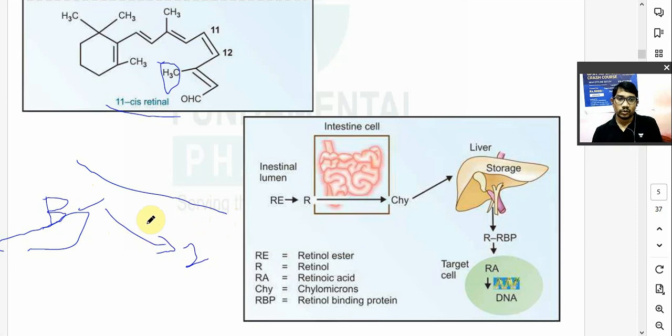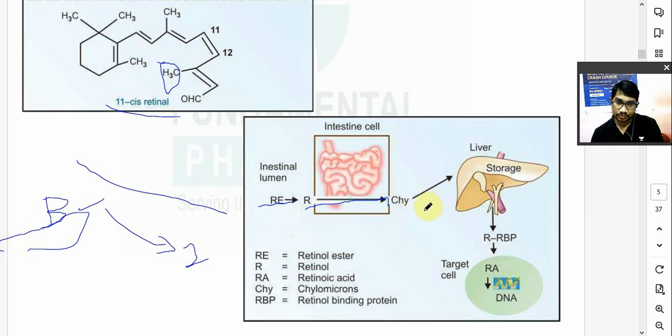Then it is transported through chylomicrons, that is through lipoprotein, to the liver for storage. So in the liver it is stored, and the liver will release the retinol as per the demands of your body. So retinol will immediately bind to one protein known as retinol binding protein. ये जो होता है RBP, retinol binding protein.